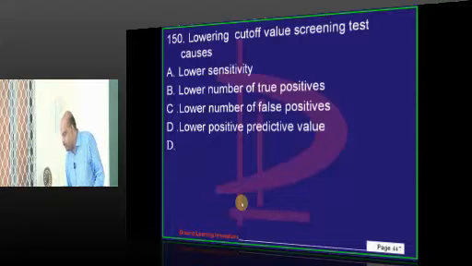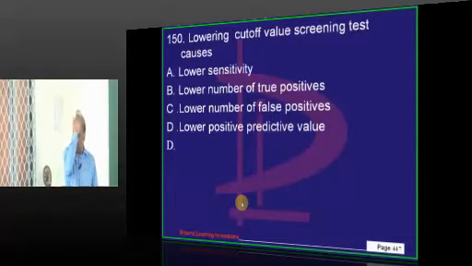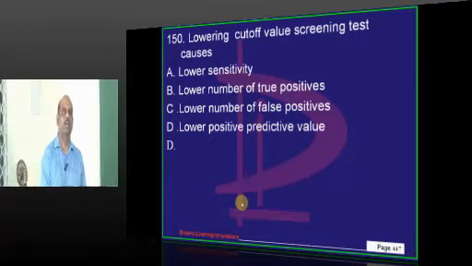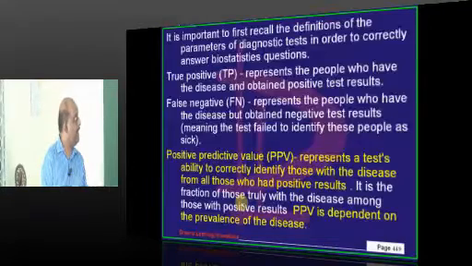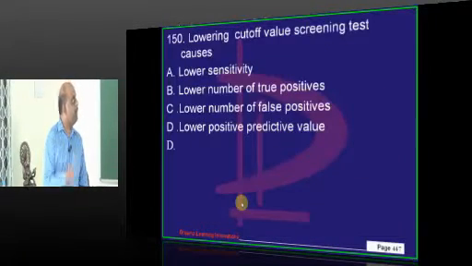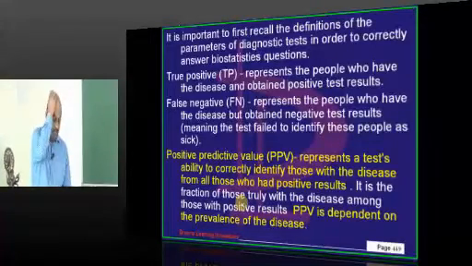Okay, what is the effect of lowering the cutoff? Which is an important question. If you lower the cutoff value, the positive predictive value will also lower. Why? What is the reason for it?